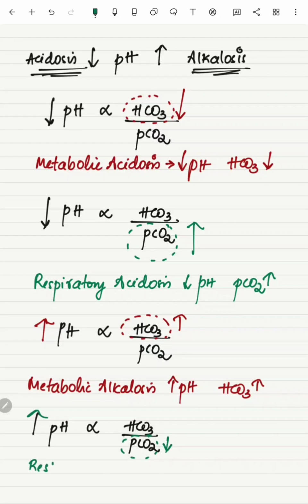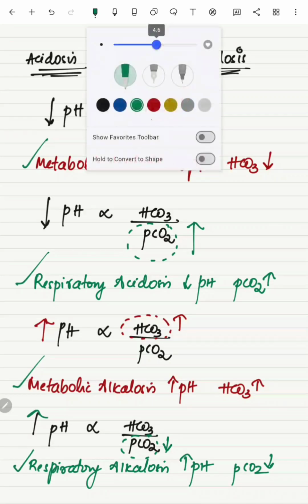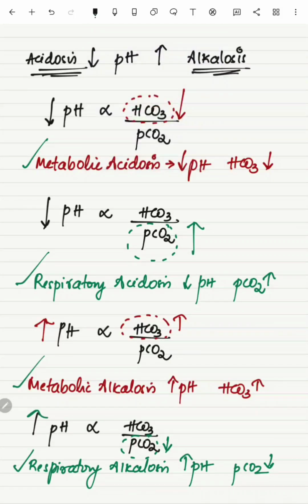So a decrease in PCO2 levels can cause an increase in pH. So that is about respiratory alkalosis: increase in pH and decrease in PCO2. I hope you have understood the basic concept of all four disorders from this video.